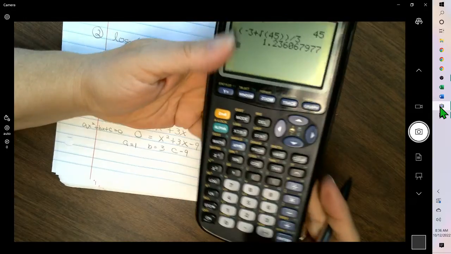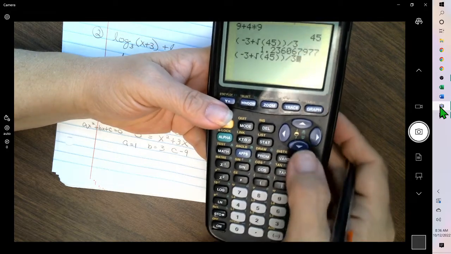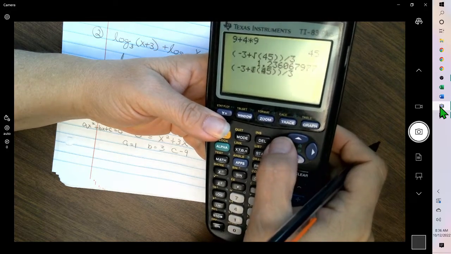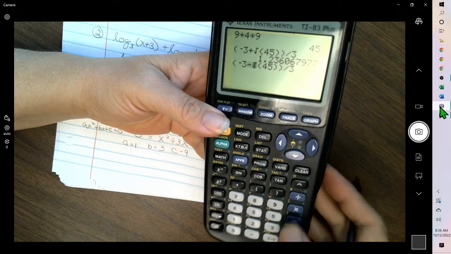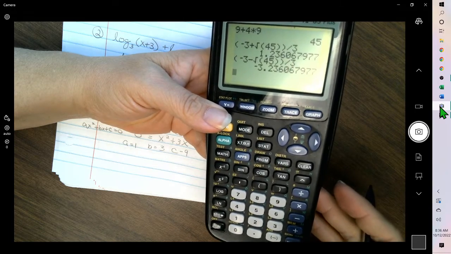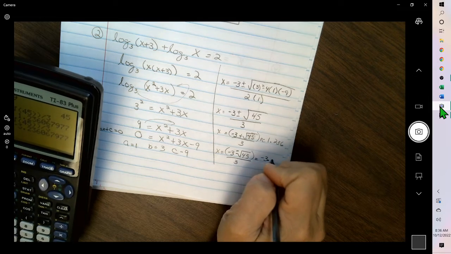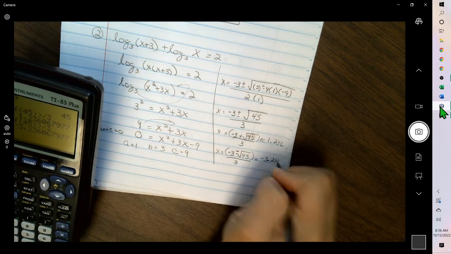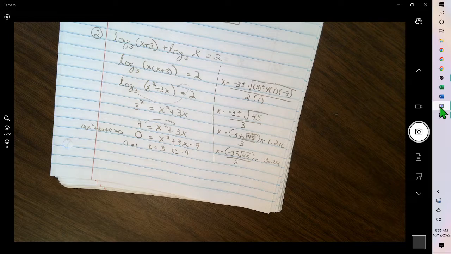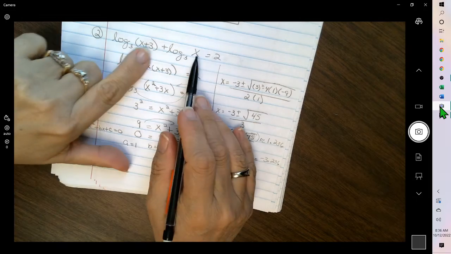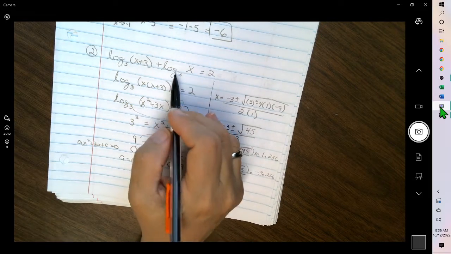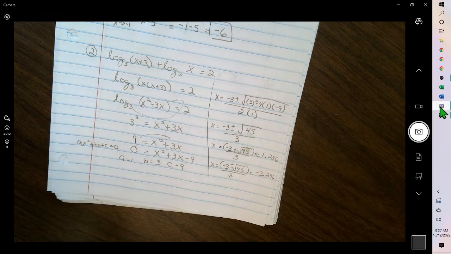And then I can hit second and enter, make my plus sign a minus, -3.236. Now you need to check your values, because remember the log, you can't take the log of a negative number or 0.